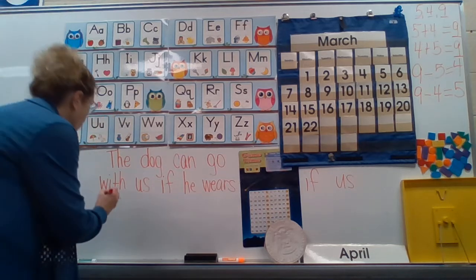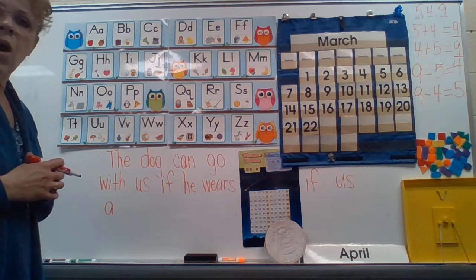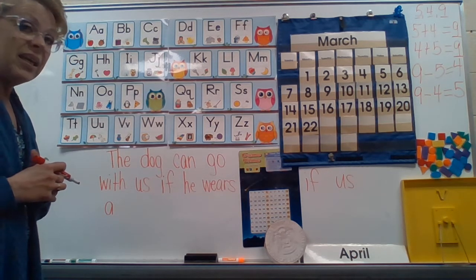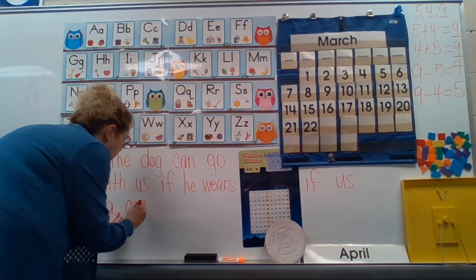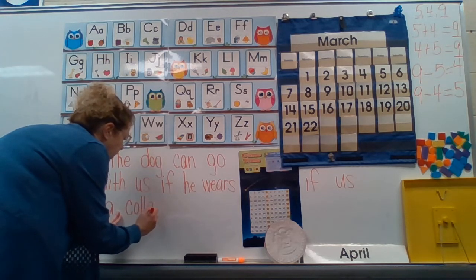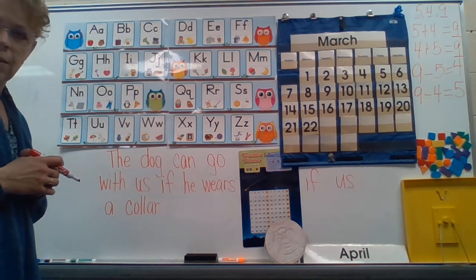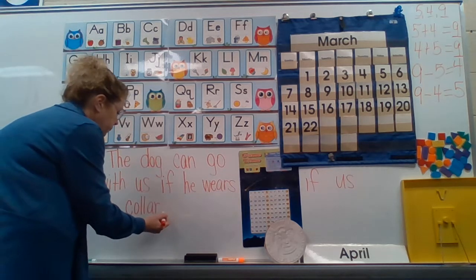a, that's our 1-letter sight word, collar. I hear k at the beginning, and it's C this time. It's C-O-L-L-A-R. And I'm going to put a period here.